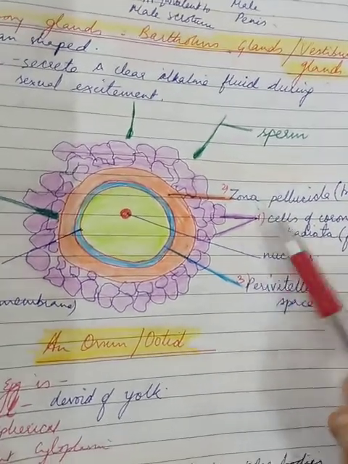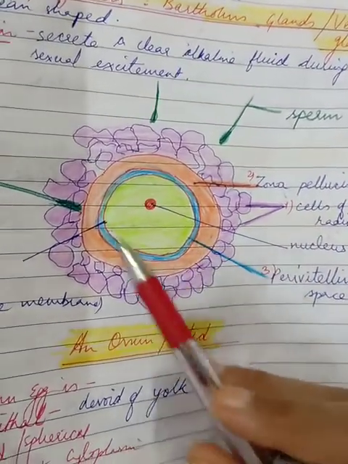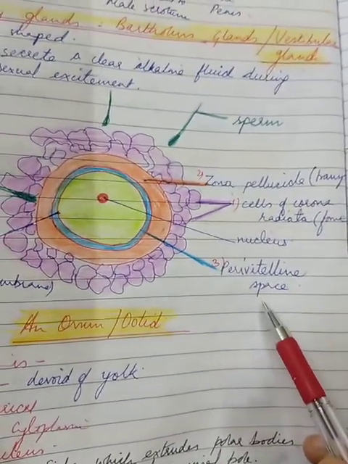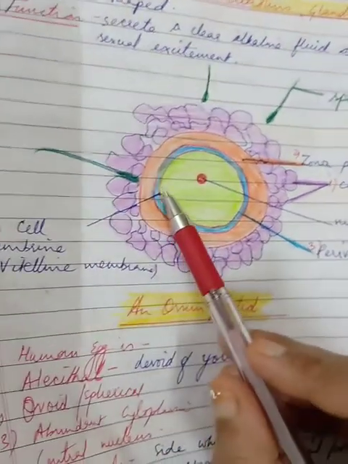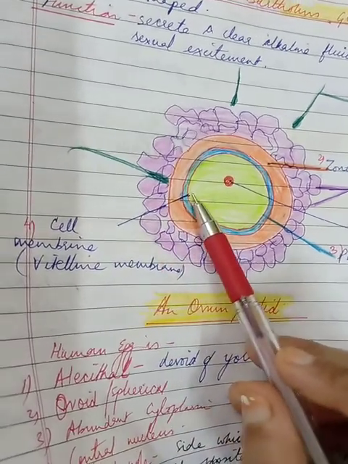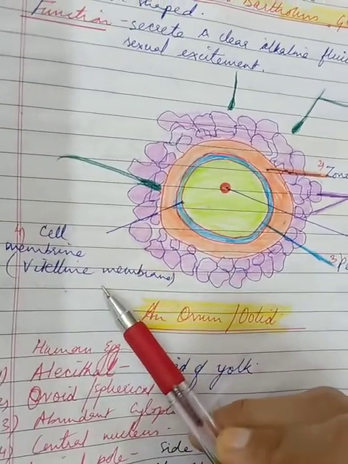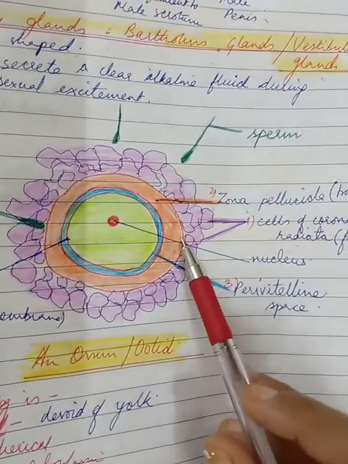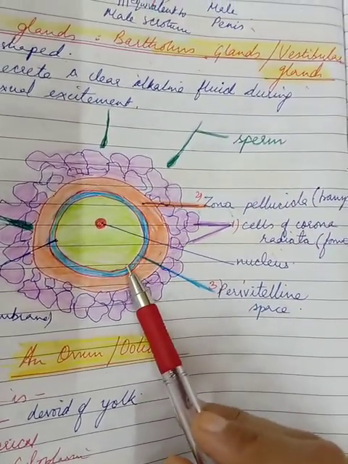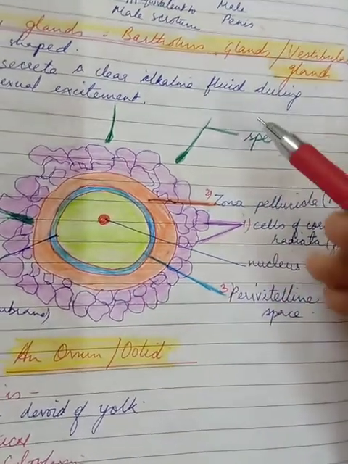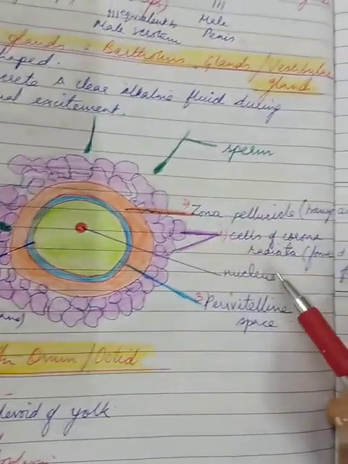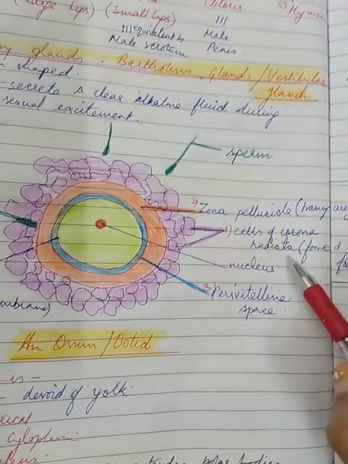Then next is a blue colored region. This blue colored region is called the perivitelline space. See, actually the vitelline membrane is the innermost cell membrane. So the region between the vitelline membrane and the zona pellucida is the perivitelline space. Once again, to begin, outermost, these purple layered corona radiata, which are formed of follicle cells.